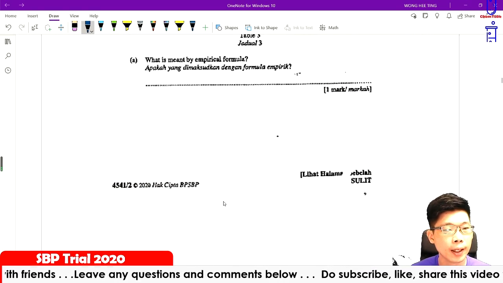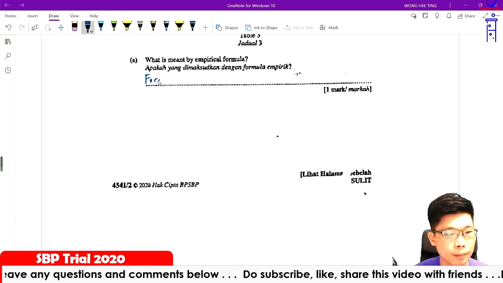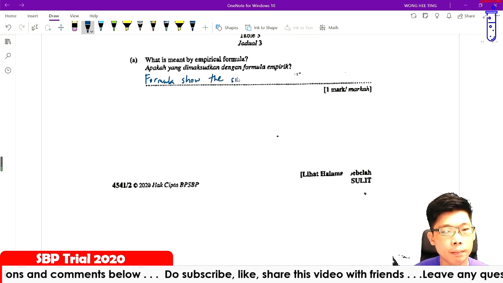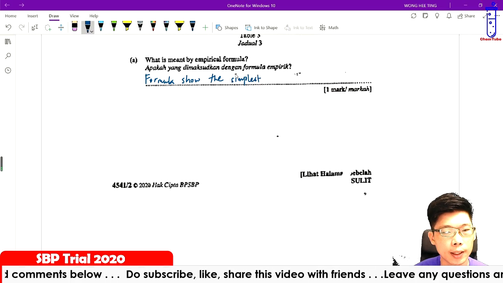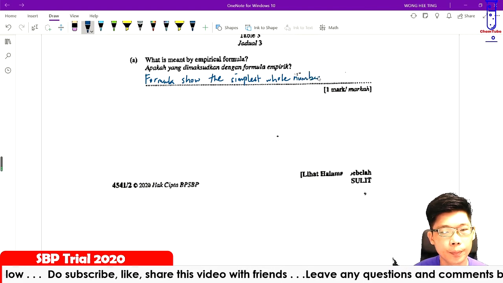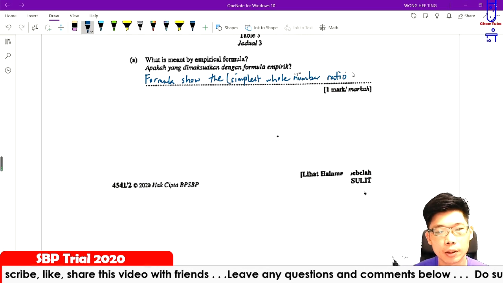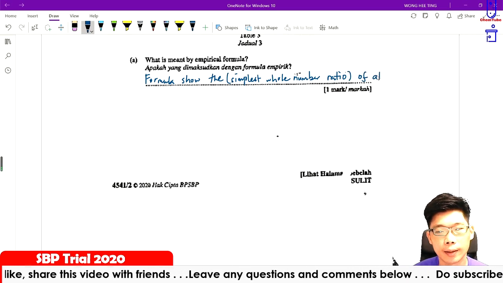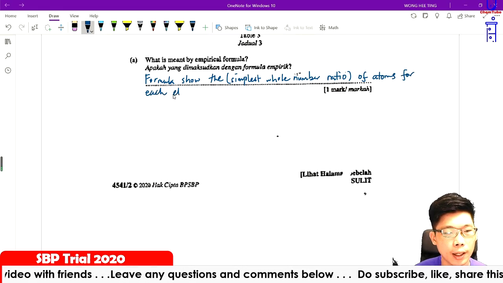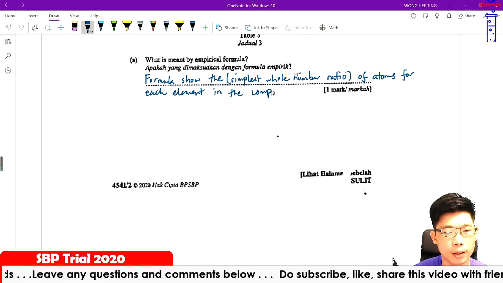Number 1, what is meant by empirical formula? It is the formula that shows the simplest whole number ratio of atoms for each element in the compound.